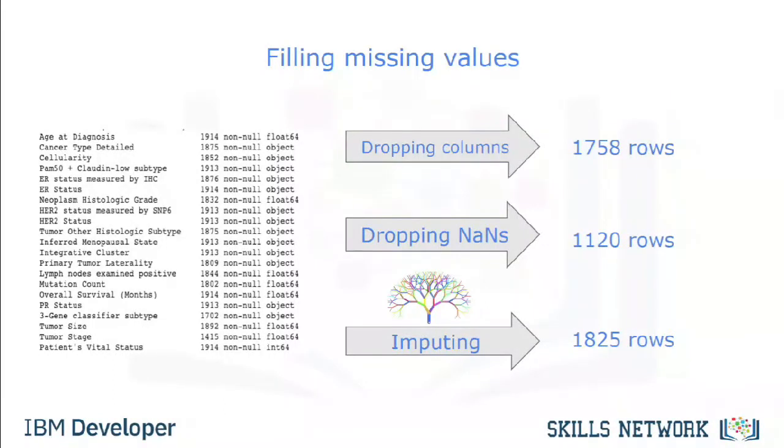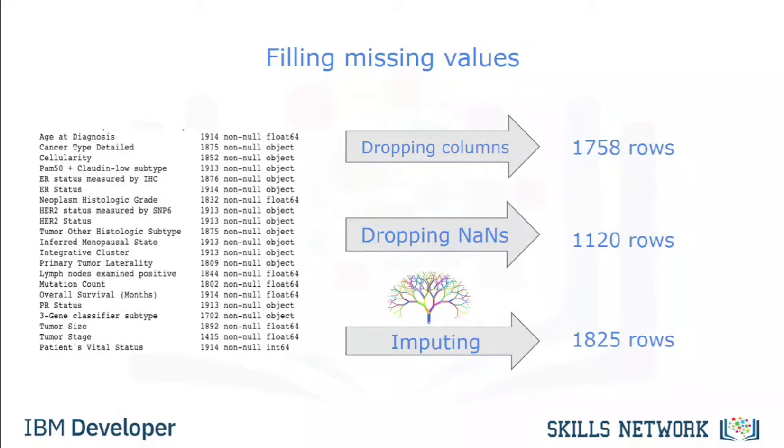Here I tried 3 alternatives to fill the missing values. First, by dropping the columns. For example, if we drop the tumor stage column, we could get rid of around 400 missing values from that column, and as a result we would get about 1758 rows.